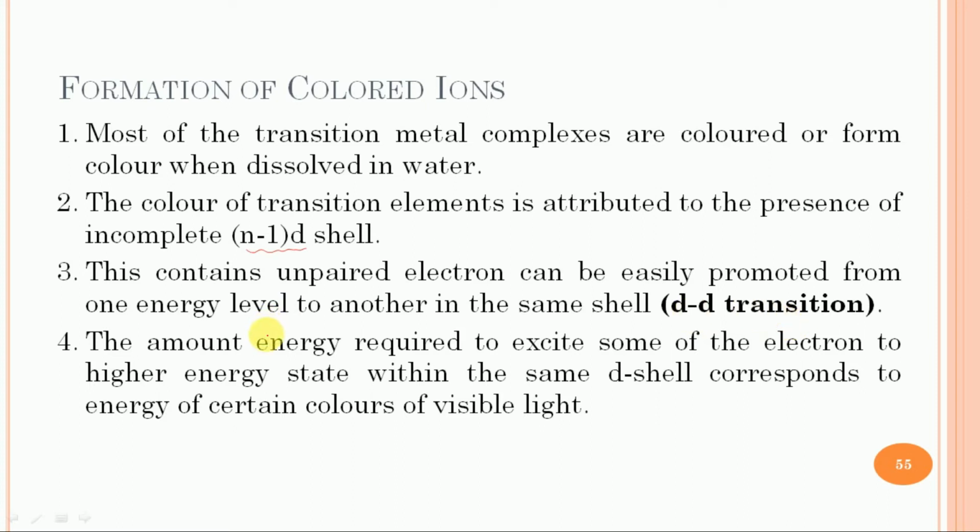The amount of energy required to excite some of the electrons to a higher energy state within the same d shell corresponds to the energy of a certain color of the visible light.